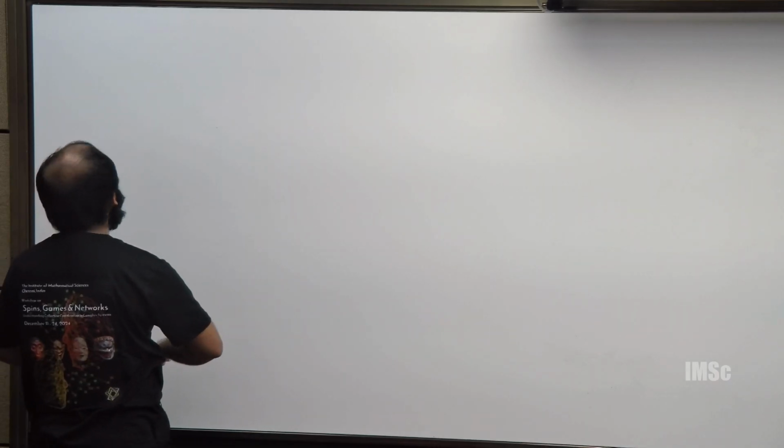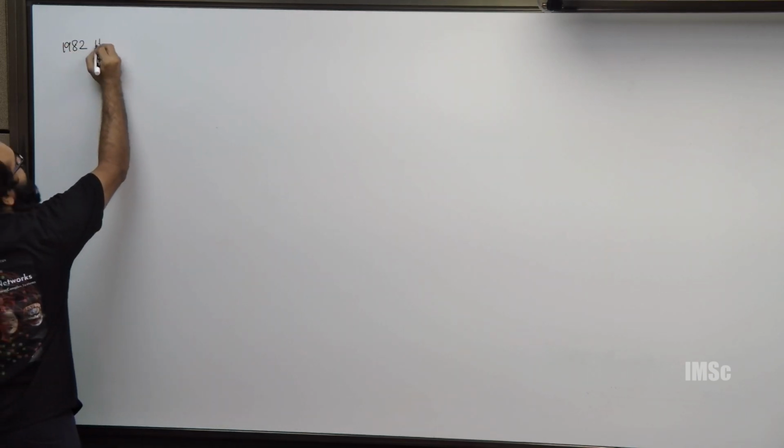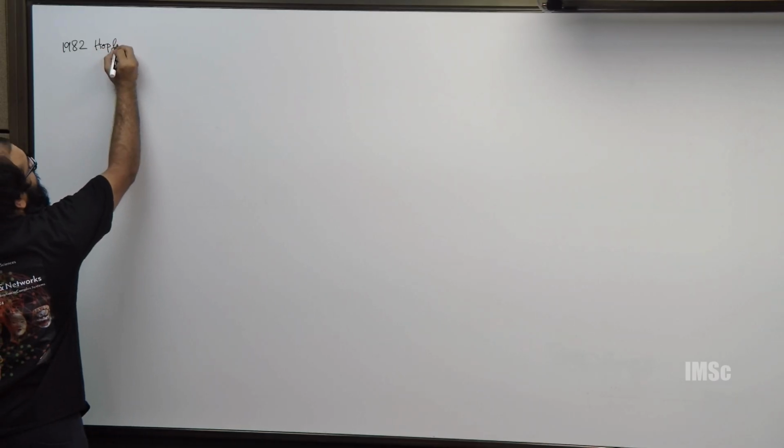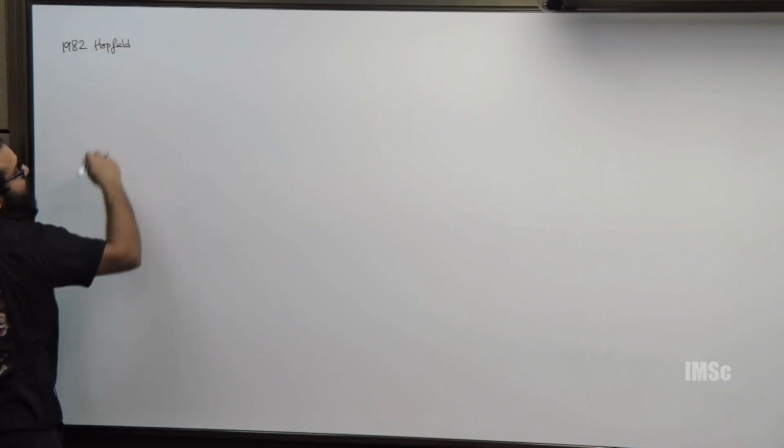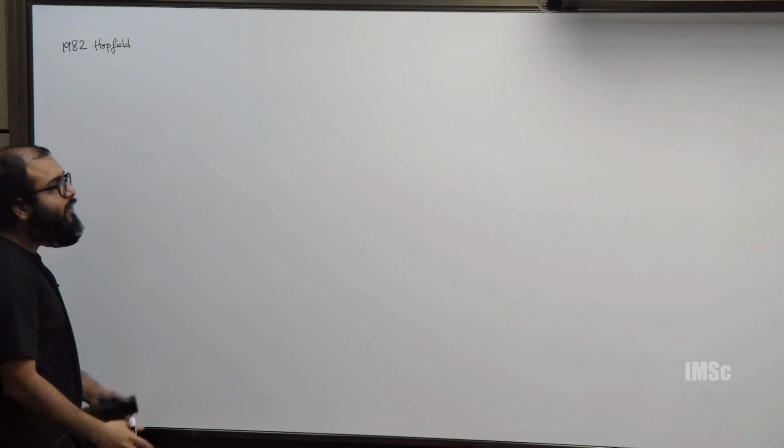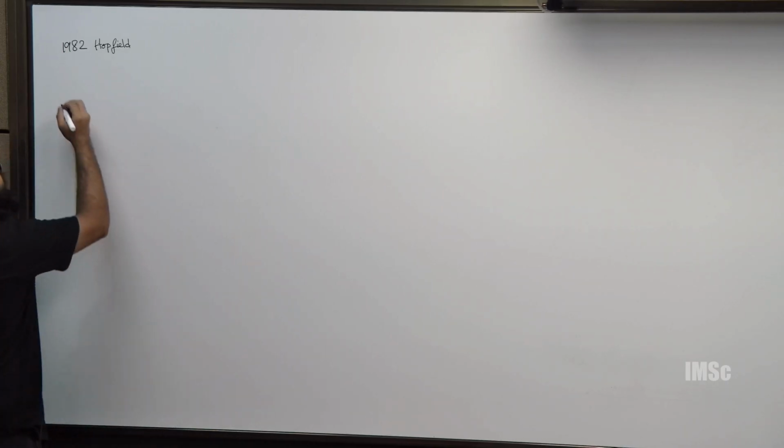I'll first say what we'll be covering in this 1 hour. We'll start with Hopfield's 1982 paper on the Hopfield network, which he termed content addressable memory. Then we'll discuss some of the drawbacks that it has.